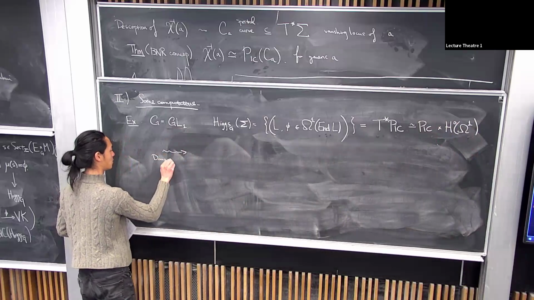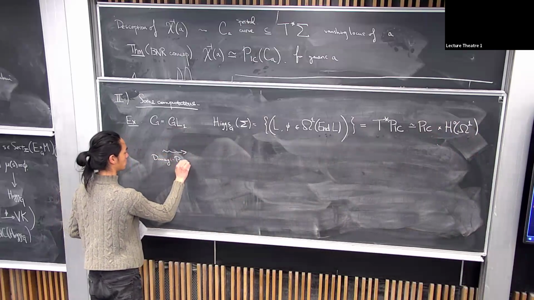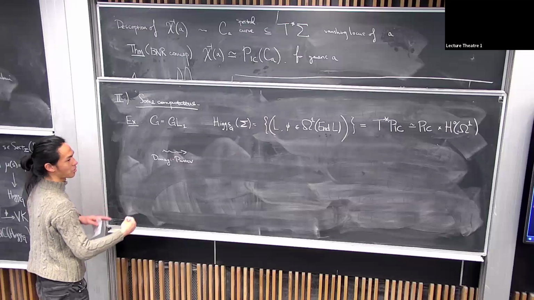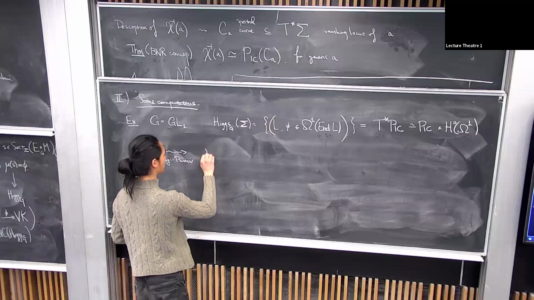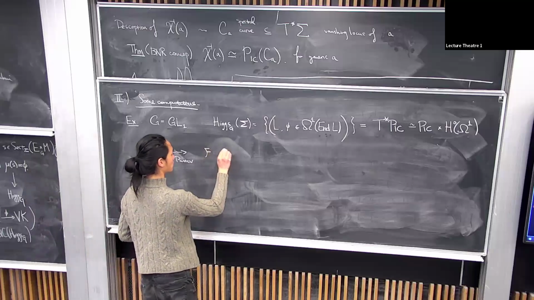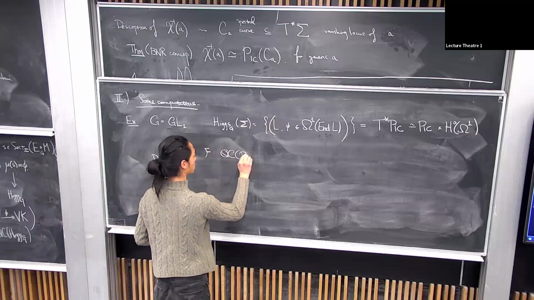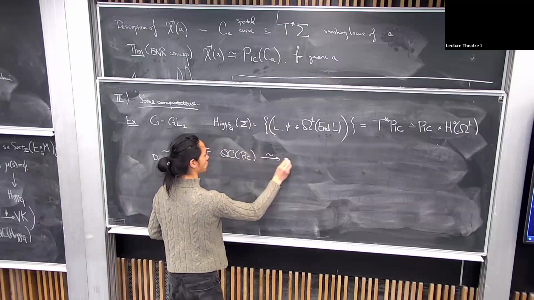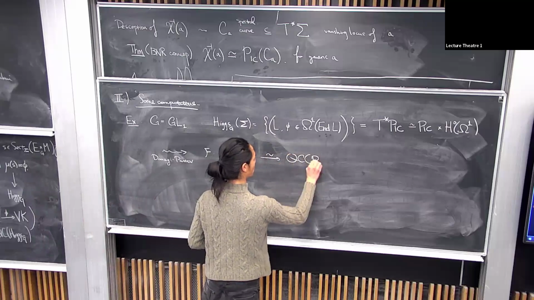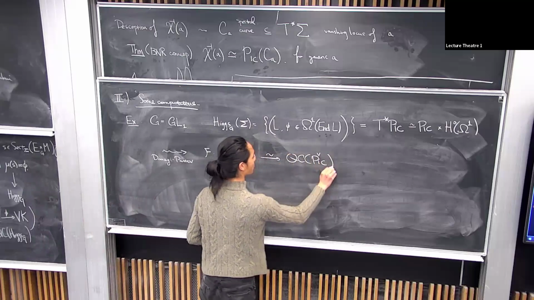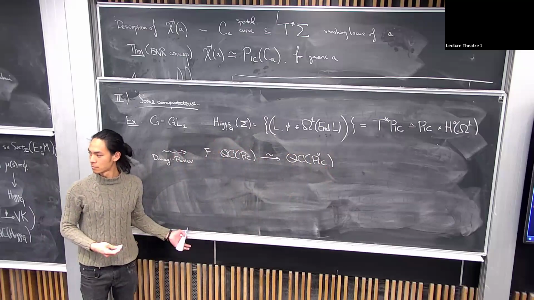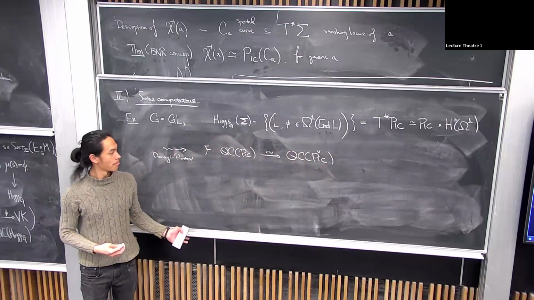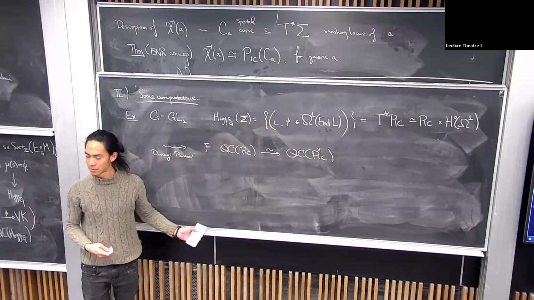So this Donagi-Pantev theorem or functor just reduces to the Fourier-Mukai transform from quasi-coherent sheaves on Pic to quasi-coherent sheaves on Pic check, but they're really the same thing. So Pic is the relative Picard stack.